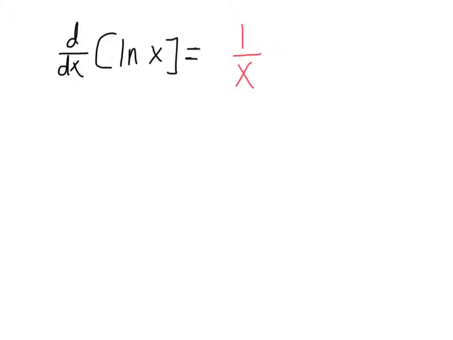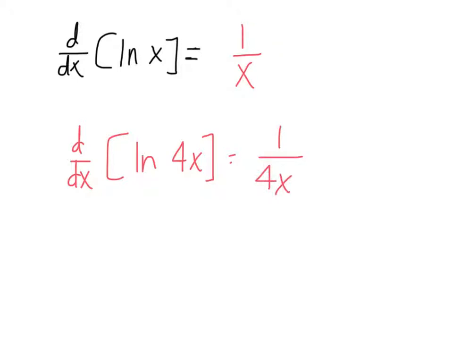So the derivative of natural log of 4x is 1 over 4x, because it's 1 over whatever is on the inside, times the derivative of the inside, which is just 4, so it's 1 over x.